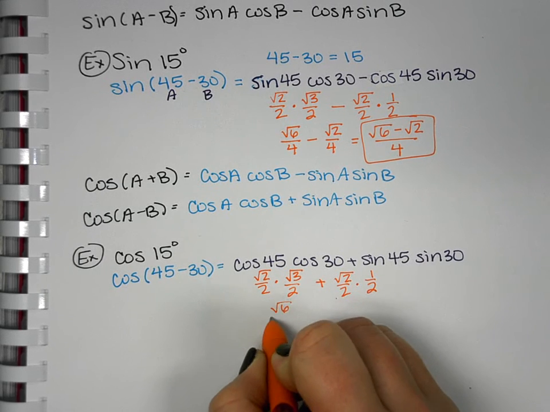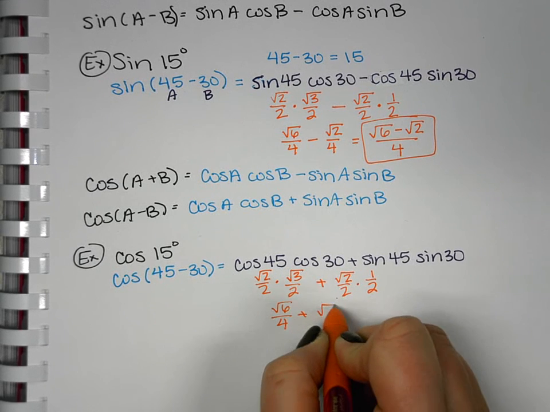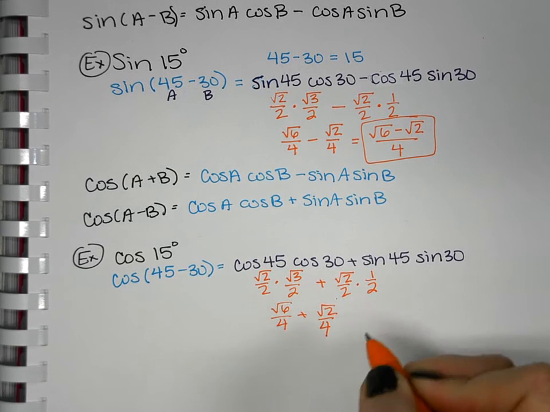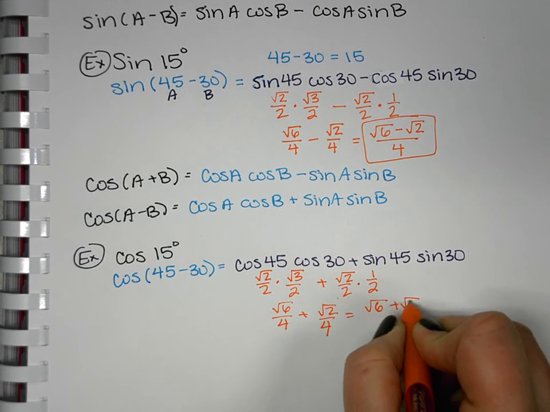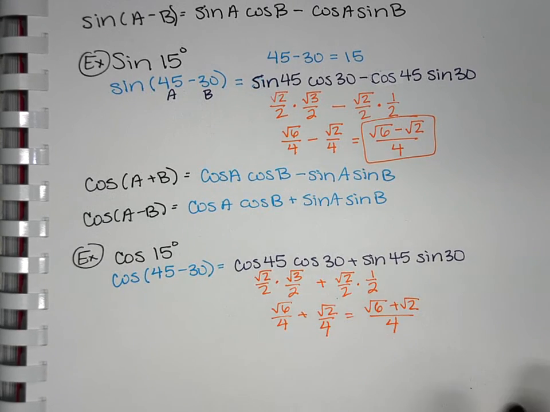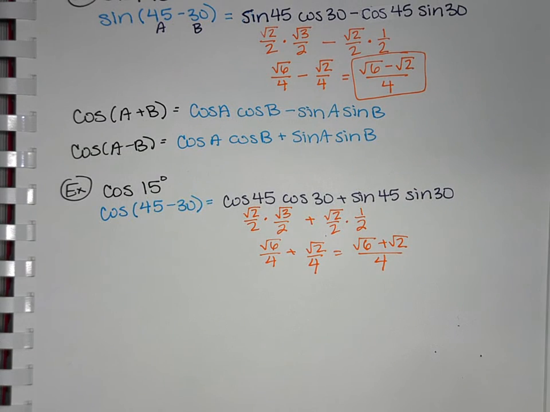Simplify, we get root 6 over 4 plus root 2 over 4, which when we combine gives us root 6 plus root 2 all over 4. So again, you can see how it's the same basic idea, just using a different formula or a different property, if you want to call it that, for each trig function.